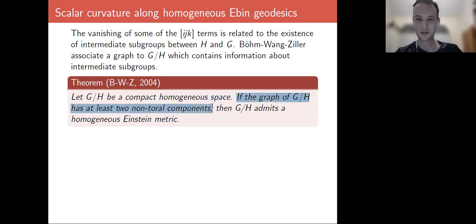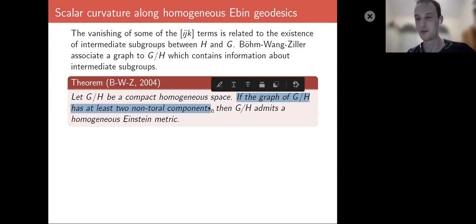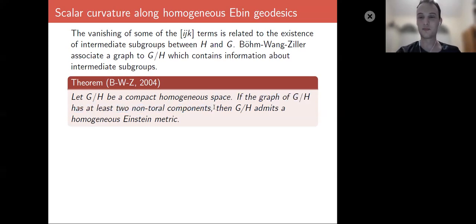So we've got this technical condition here, which I'm not going to explain, but there are some conditions on this homogeneous space that, combined with the graph theory they established, can be used to conclude existence of Einstein metrics with the mountain pass theorem.